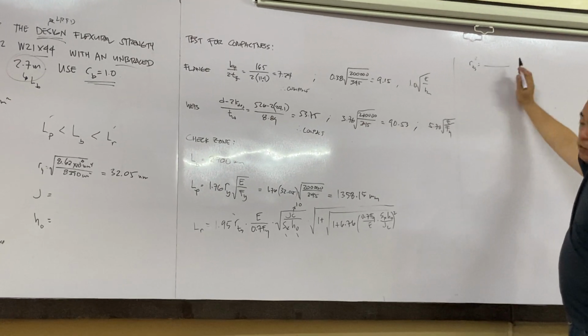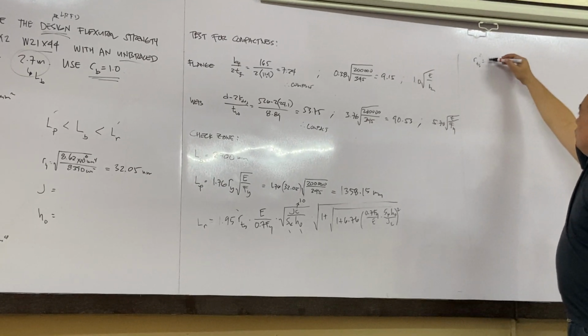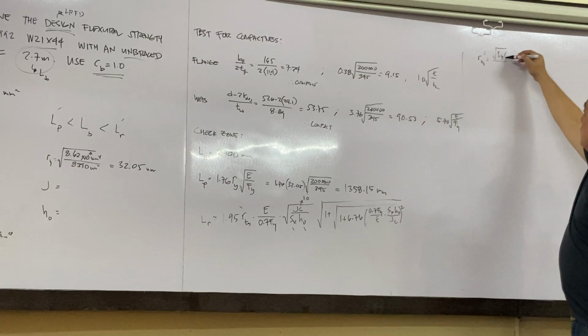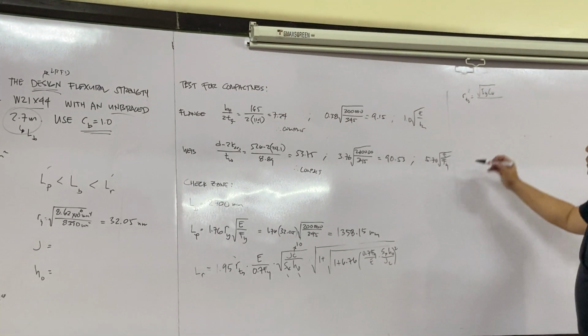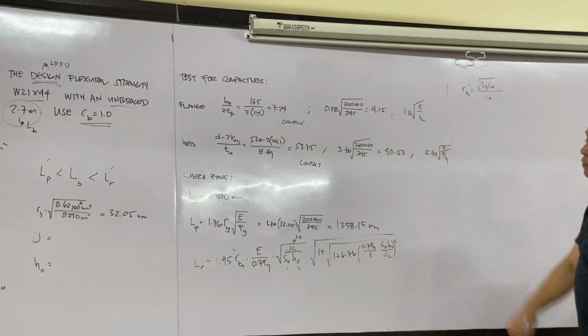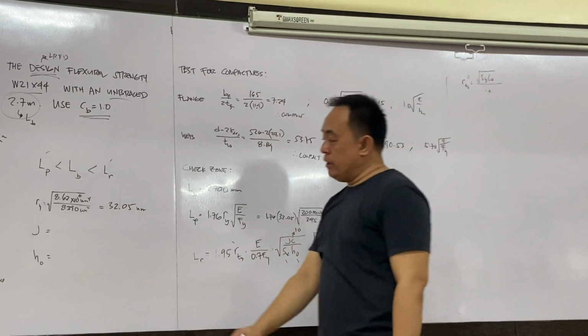So you have your square root of IY, multiplied by your warping constant. That's your CW. So we will need our CW here.